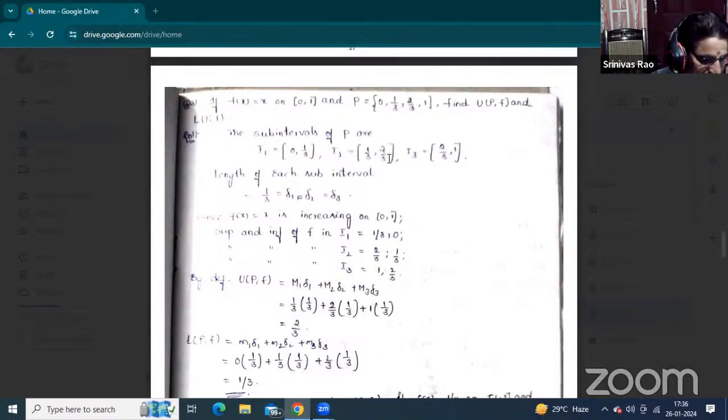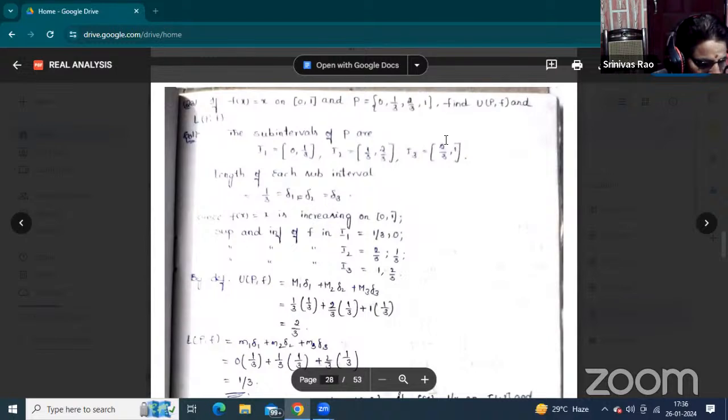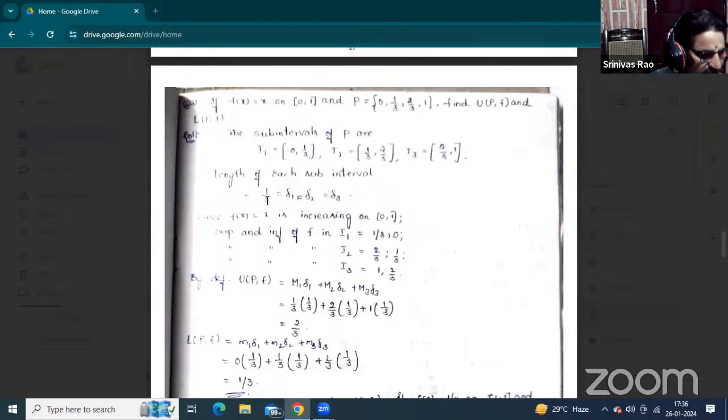The length of the second subinterval is 2/3 minus 1/3, that is also 1/3. And the third subinterval length, del 3, is 1 minus 2/3, that is also 1/3. So all the lengths of the subintervals are equal. There is no change.